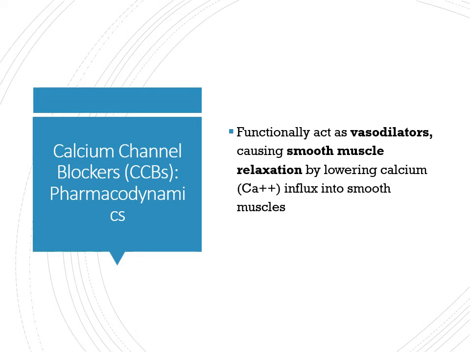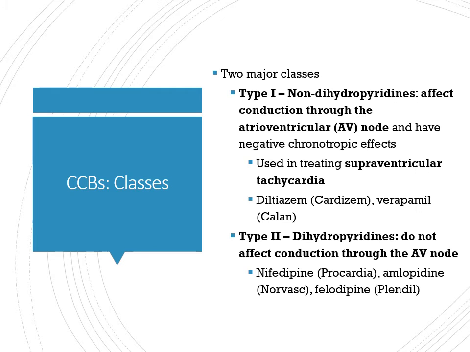And the calcium channel blockers then act as vasodilators, which cause smooth muscle relaxation because they lower that influx of calcium into the smooth muscles. There are 2 major classes of calcium channel blockers, the type 1, which are non-dihydropyridines, and they affect the conduction through the atrioventricular node.